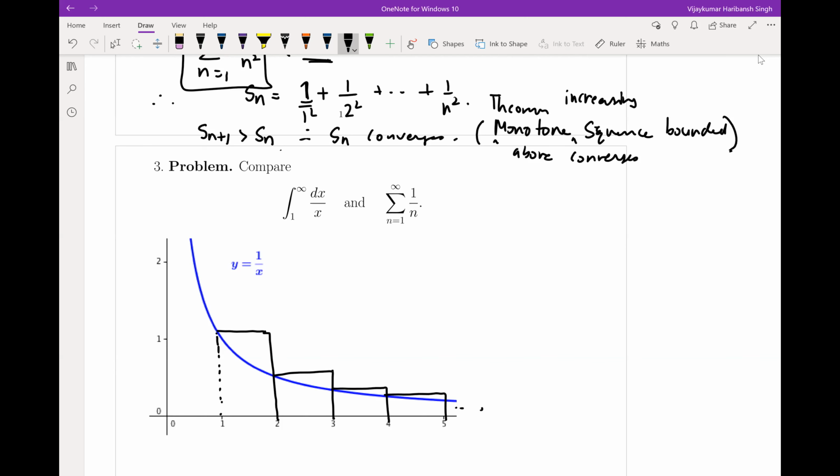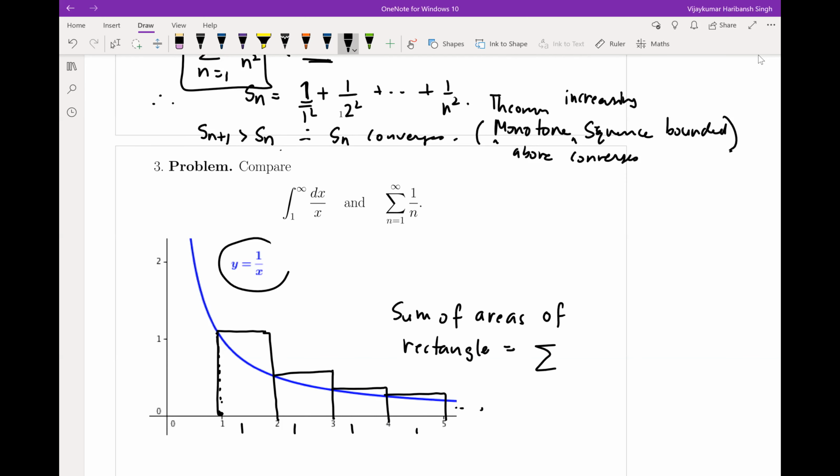So you can see the sum of the areas of the rectangles is what? Summation. So what is the height here? The base is again 1 for all of these. The height for the first part is given by 1 by n because the function is 1 over x.